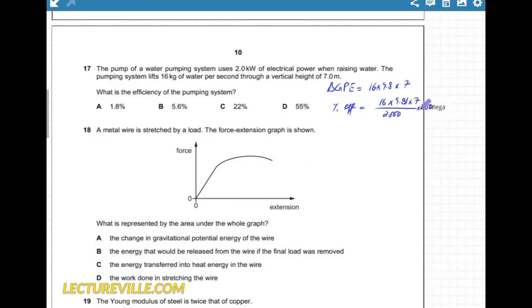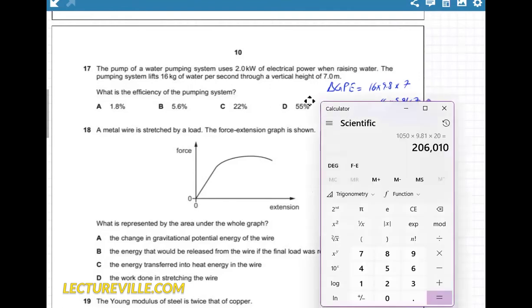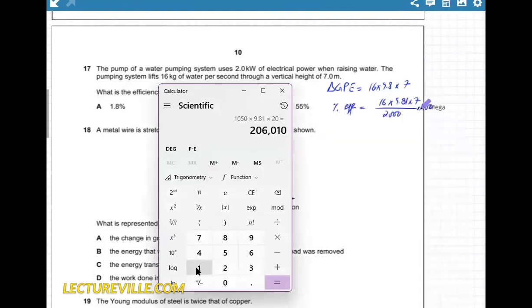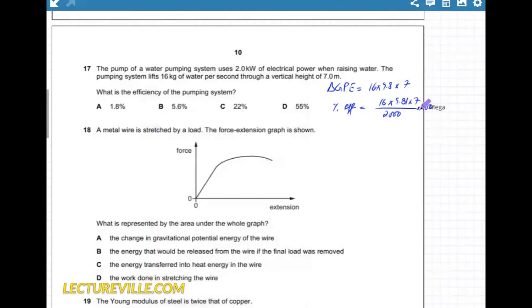Okay, let's bring the calculator. 16 multiplied by 9.81 multiplied by 7 divided by 2000. 0.54, and when multiplied with 100, it is about 55%. So answer will be.